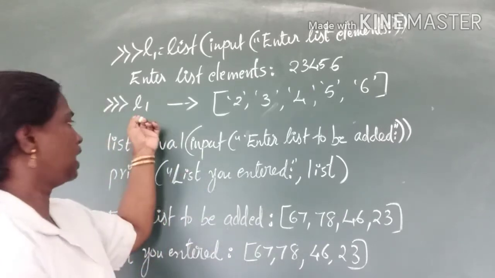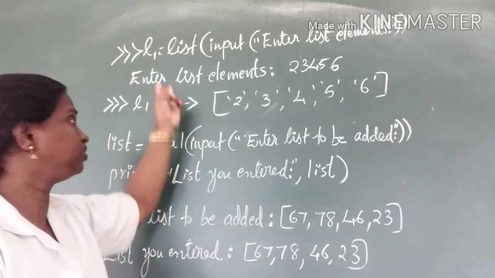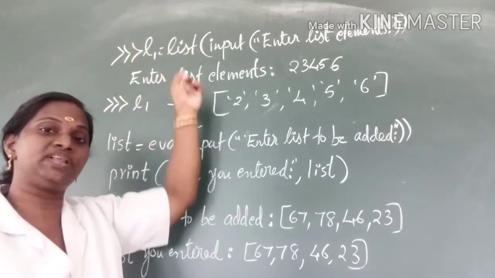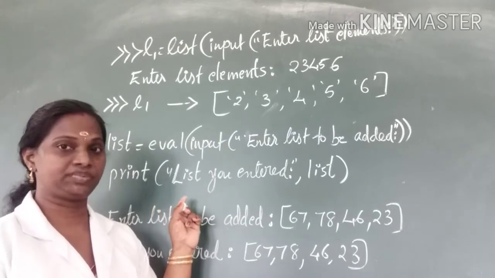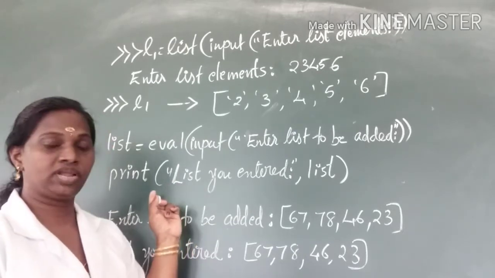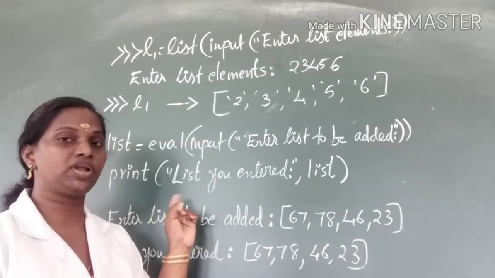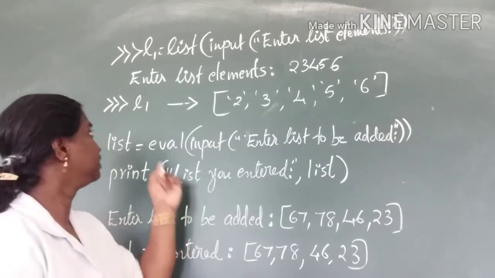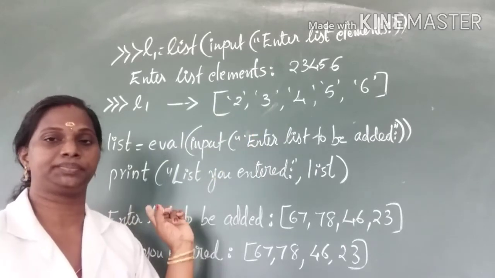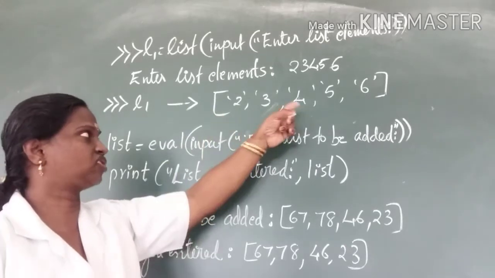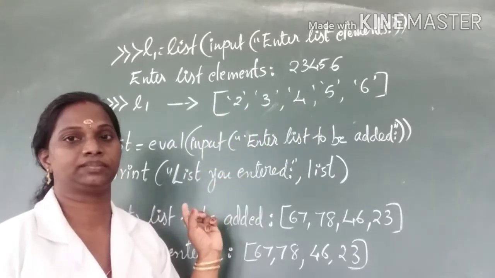Now these statements work in the Python shell, not in script mode. When you print L1, you will get the output in square brackets: 2, 3, 4, 5, 6.